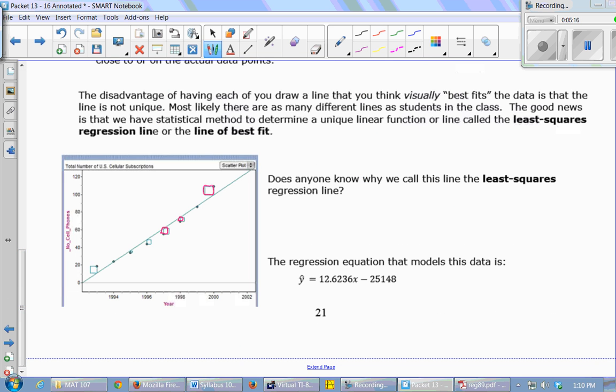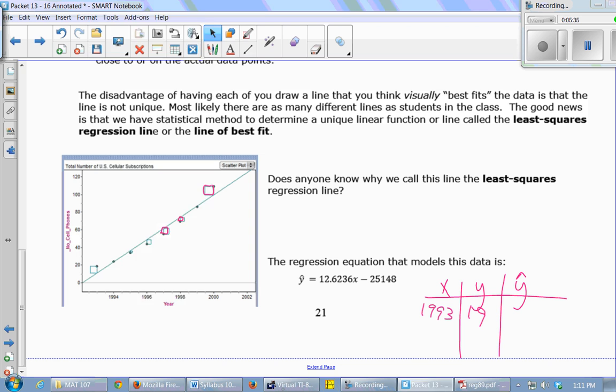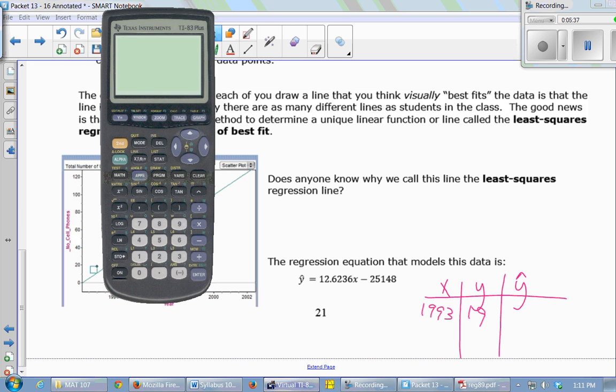So we have x, y, and y hat. When x is 1993, the real y was like 19 point something, and y hat is an estimate from your line, from your equation.